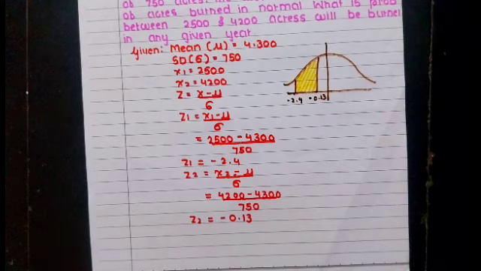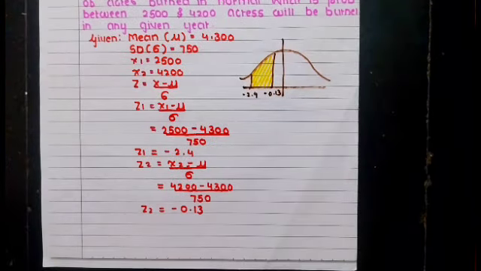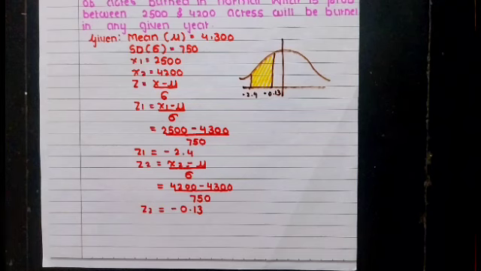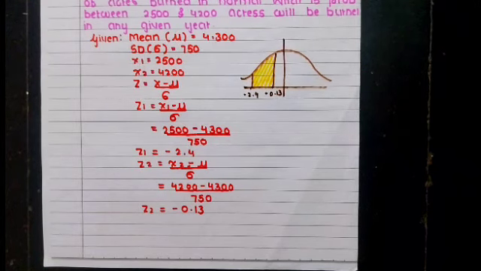So let us move ahead with finding the probability of the area which is burnt in any given year. As we were asked to find the probability for x ranging between 2,500 and 4,200, we have found the z values.